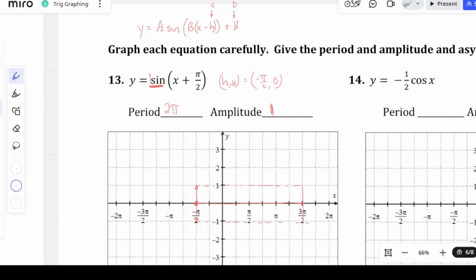Sine starts in the middle. Let me cut up my period into quarters. Sine starts in the middle, goes high, goes middle, goes low, goes middle.